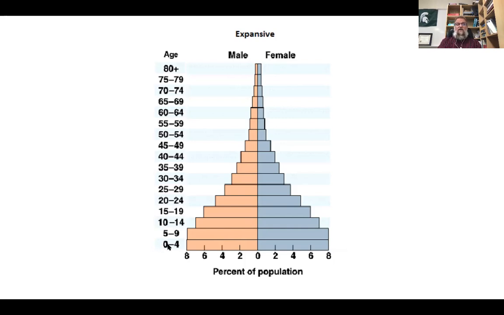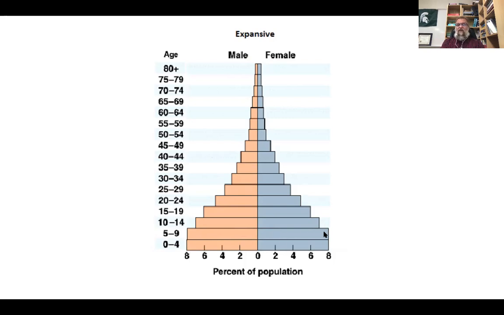So how much of your population is age 0 to 4? How much of your population is age 5 to 9? How much of your population is age 10 to 14? So forth and so on. So if I look at, say, 5 to 9, I can see the males make up just under 8%. Just under 8% of my population in this country is male, age 5 to 9.